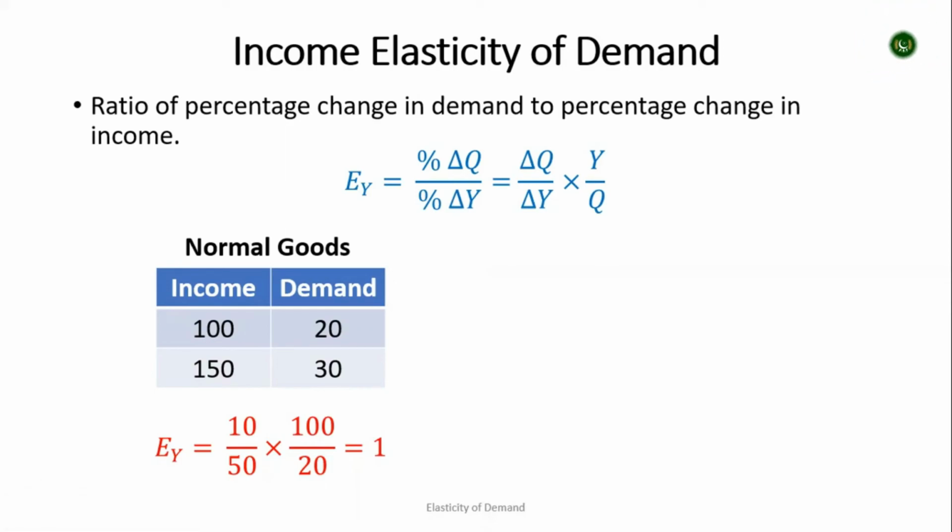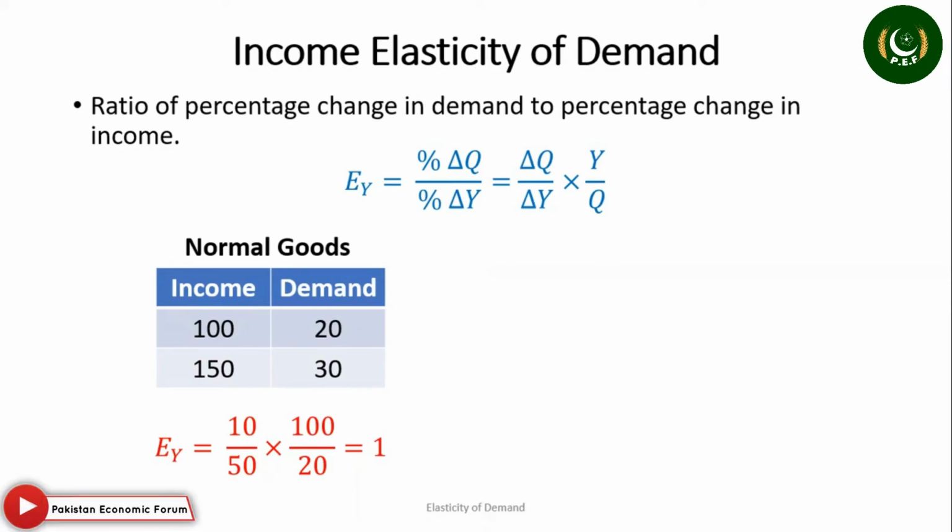For normal goods, income elasticity of demand is positive. And here, the income elasticity of demand is equal to 1. That is a positive number.